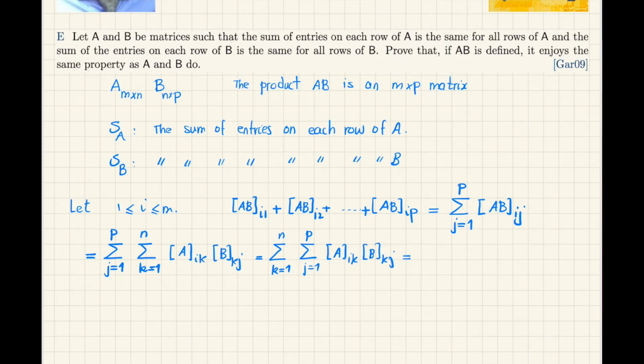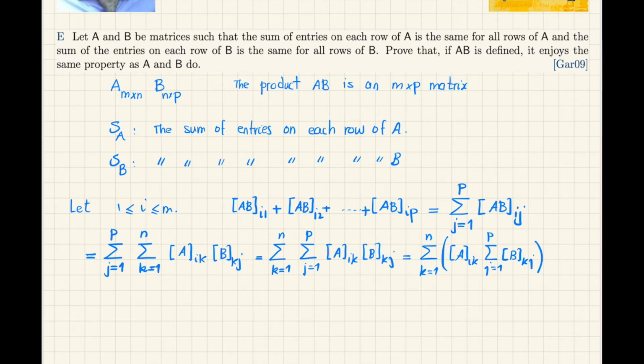But now look here. The counter of this sigma is j, and this entry is independent of the counter of the sigma. It only depends on i and k. So as far as this sum is concerned, I can pull this out. Yes? So then this becomes sigma, k goes from 1 to n, and then I will have a sub ik, and then I have a sum of b sub kj, and j goes from 1 to p.